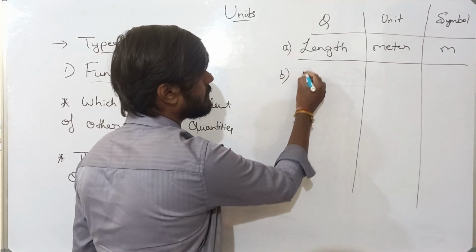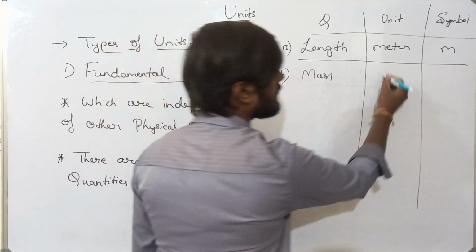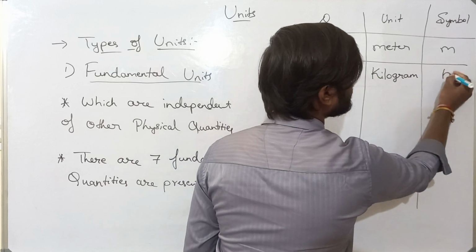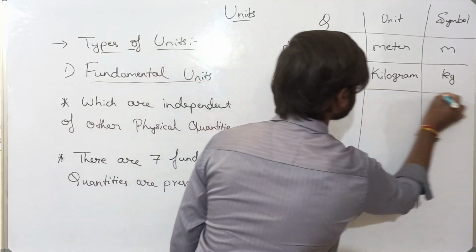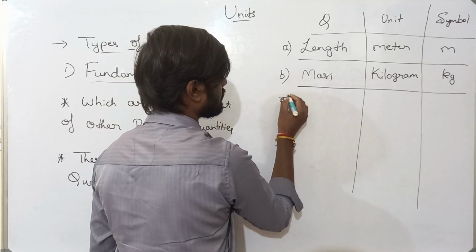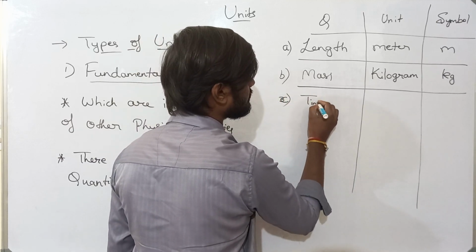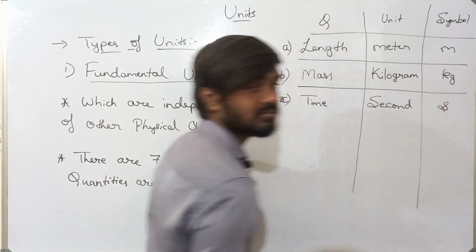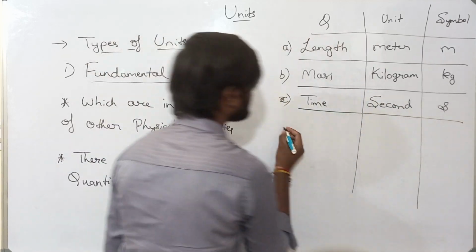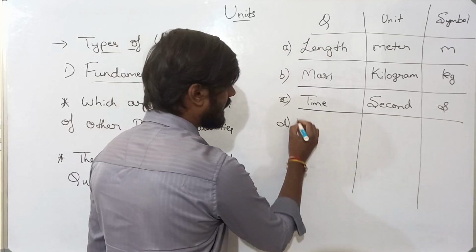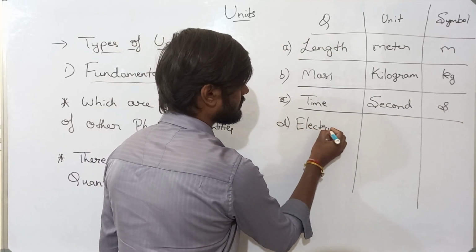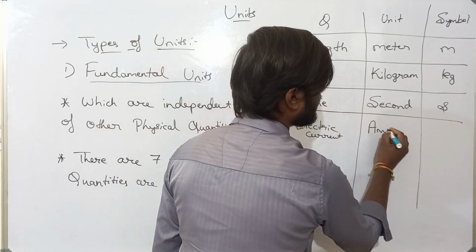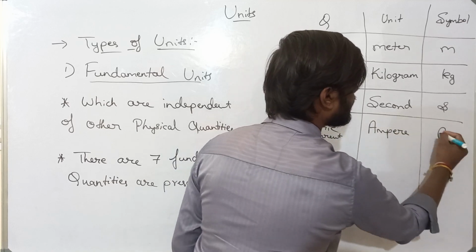The second one is mass, kilogram, or you can say kg. The third one is time, second, small s. And the fourth one is electric current. You can say the unit is ampere, capital A.